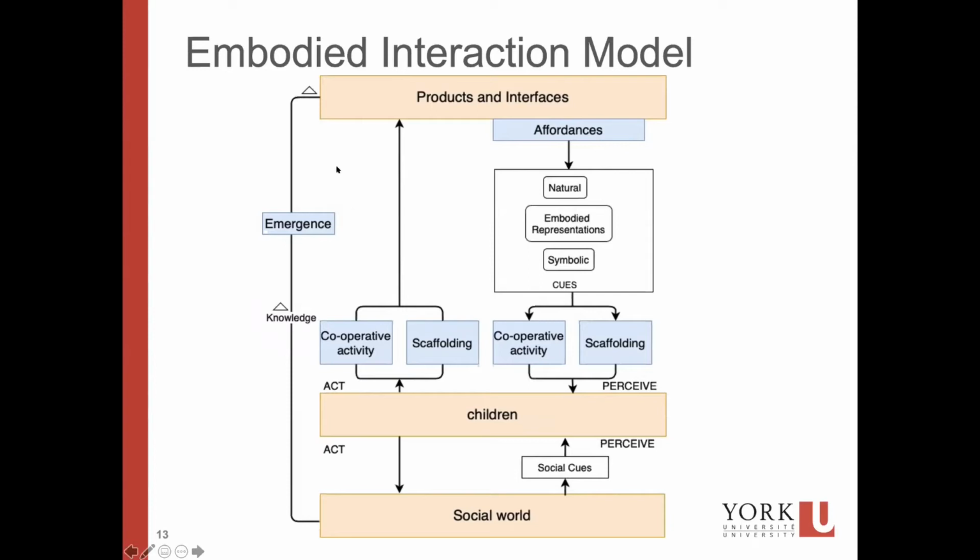So you can see the main criteria for an embodied interaction is successful perception action loops without any break in between, and also designing appropriate cues for children for them to easily perceive what action has to be performed on the interactive product.